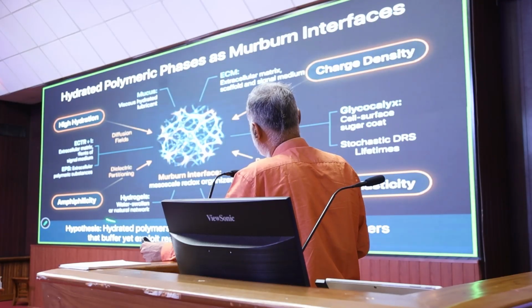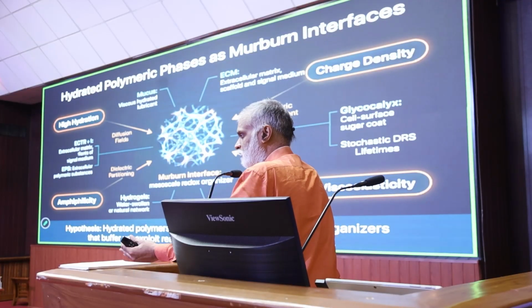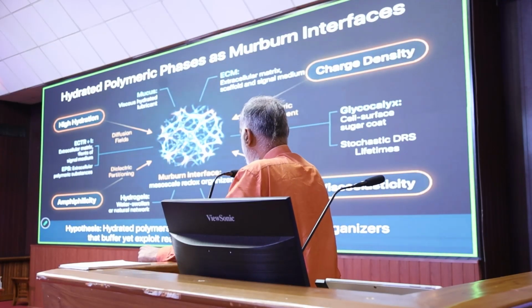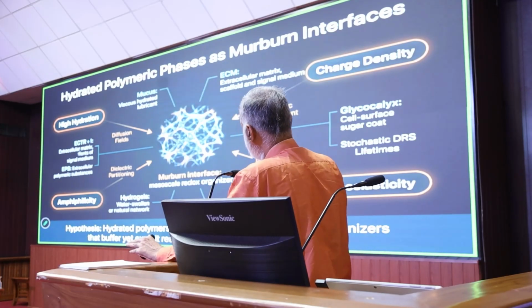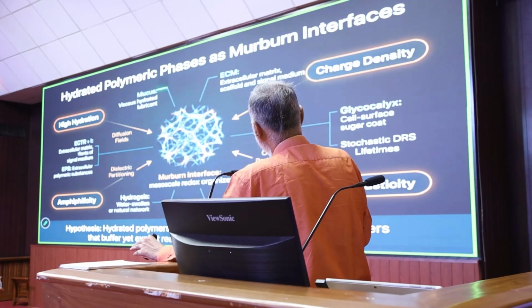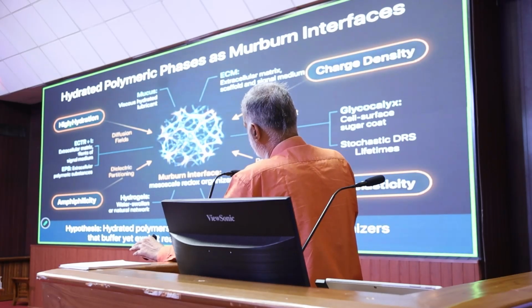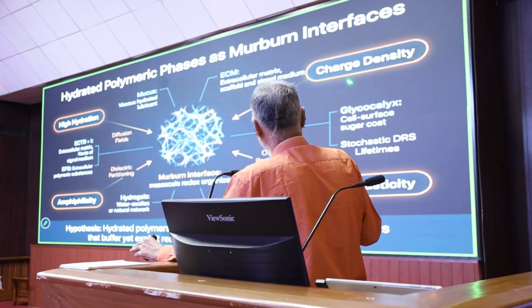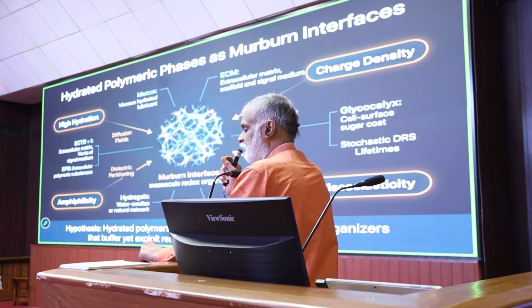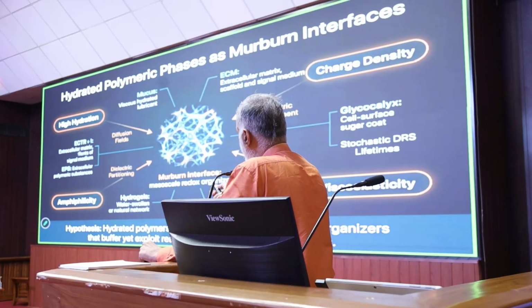These are the parameters. Let me be more honest in this case: there are models already available which classifications are also able to model using these parameters. So I insert these parameters based on high hydration and amplitude, and these are the major layers defining the hydrated polymer.